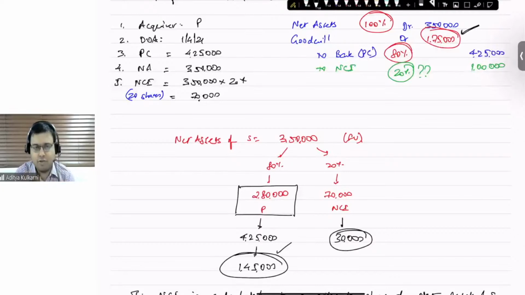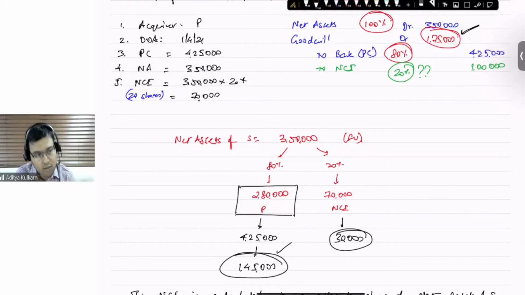Suppose the parent wants to acquire a further stake in the non-controlling interest. Suppose the parent wants to acquire further shares, meaning the parent has 80%, he is not satisfied. In his mind there is this deep desire to acquire that remaining 20% also.